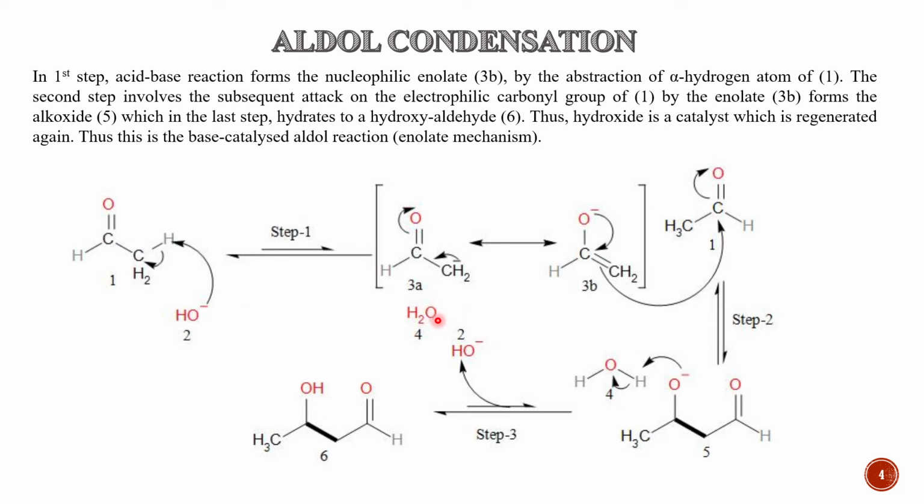So this is a stronger acid compared to the aldehyde, because the aldehyde has a higher pK. The higher the pK, the lesser the acidity. So water is the strong acid here, and obviously its conjugate base will be weak. This is a weak conjugate base.